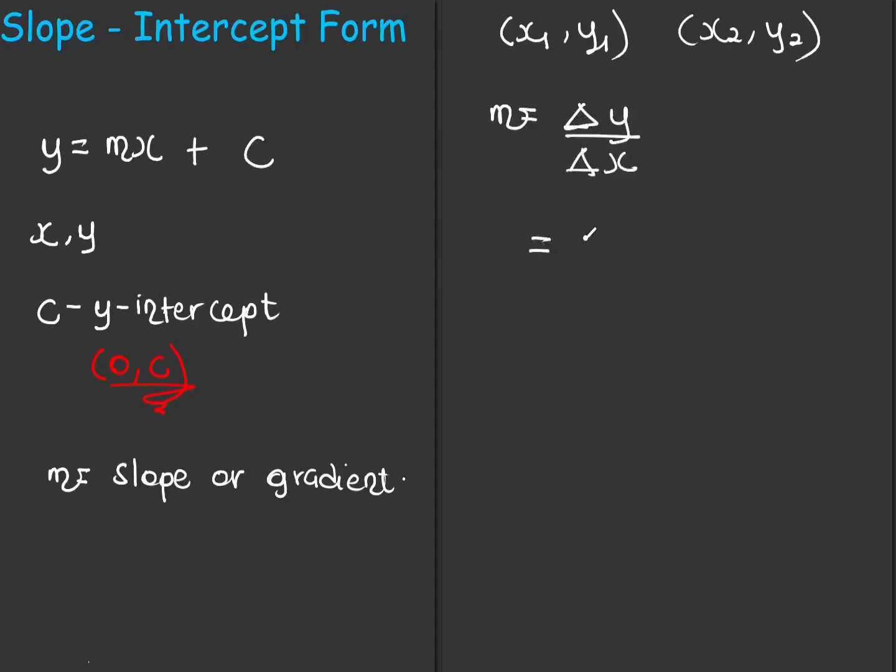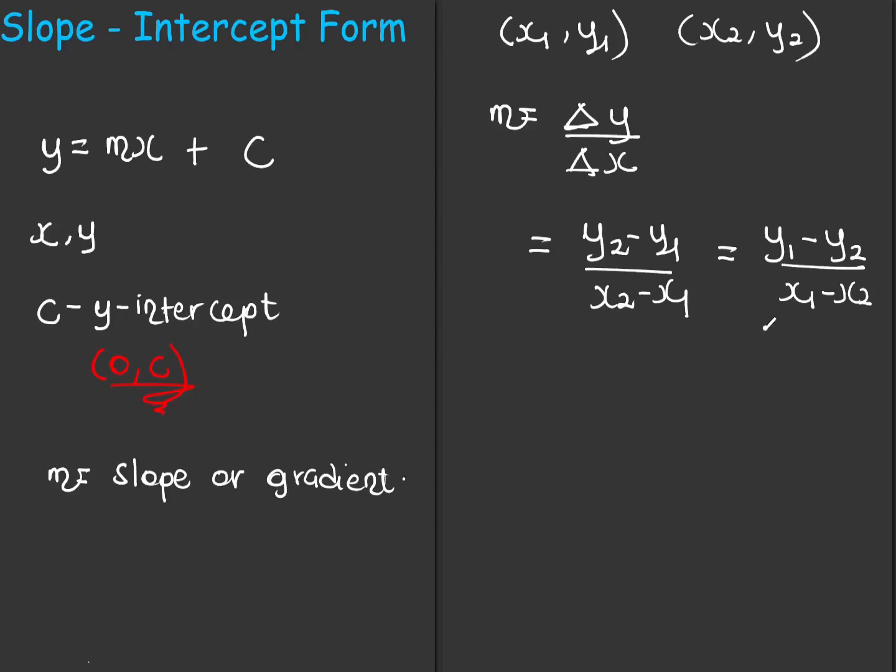That is simply y2 minus y1 all over x2 minus x1. It is also the same as y1 minus y2 all over x1 minus x2. The most important thing is you stick to the order you are using to operate.